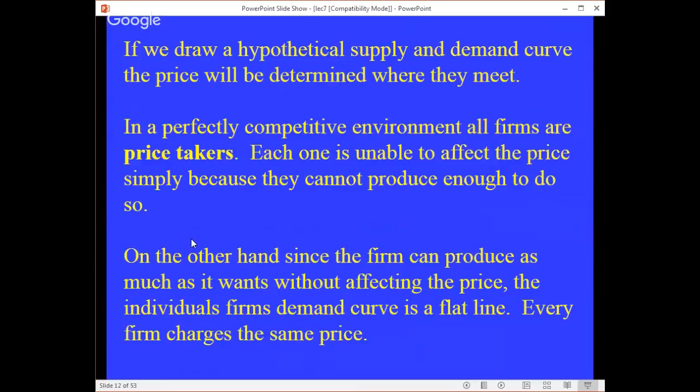As we said, they can't influence the price. They have to accept the price in the market. On the other hand, since a firm can produce as much as it wants without affecting the price, the individual firm's demand curve is a flat line. Every firm charges the same price because they can't affect price.